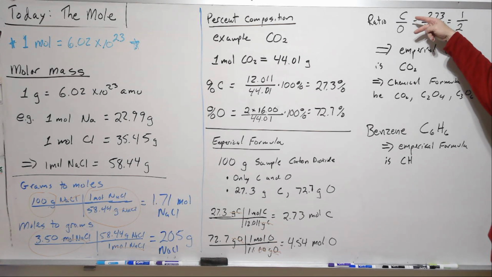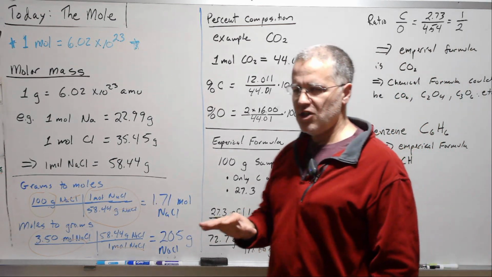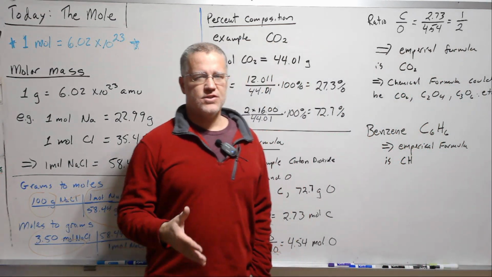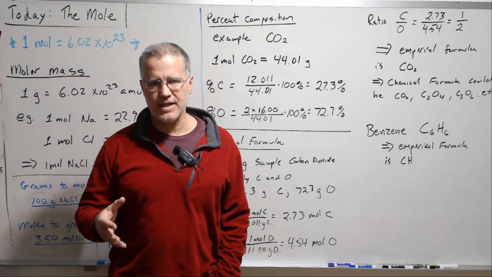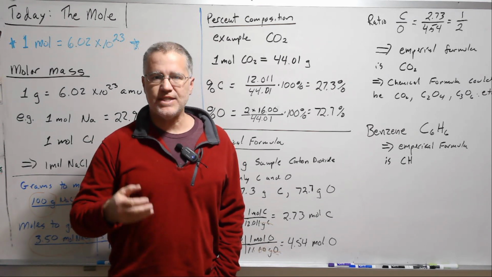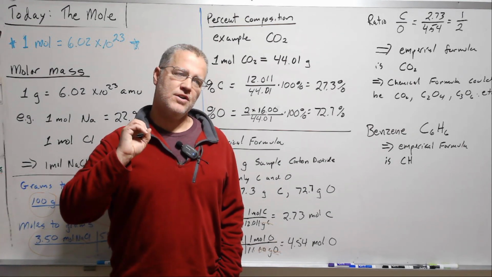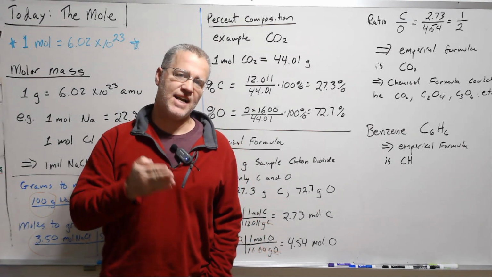So then we look at the ratio. We want moles of carbon over moles of oxygen. So we put the numbers we calculated and we figure out what that is. And it's about 1/2. Now these should be low fractions. So if you're getting, say, like 0.667, well, that's 2/3, right? So you might not get precisely a low fraction.